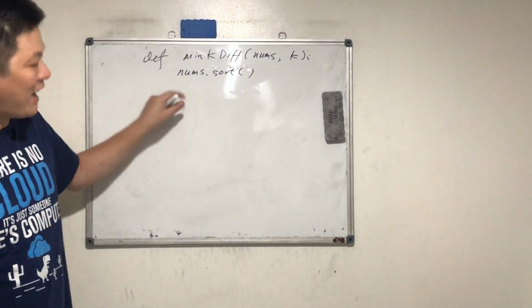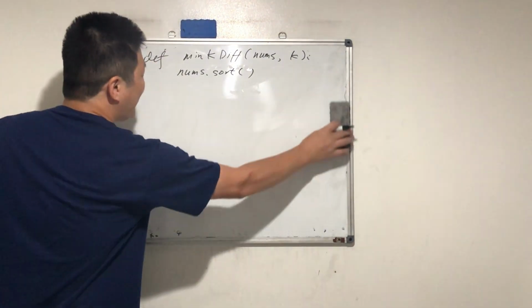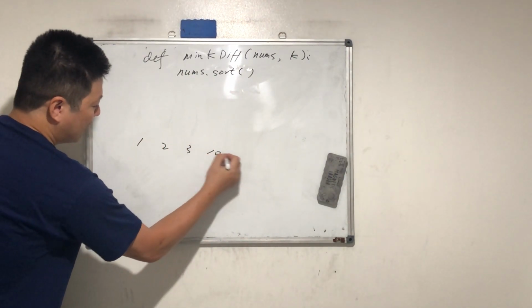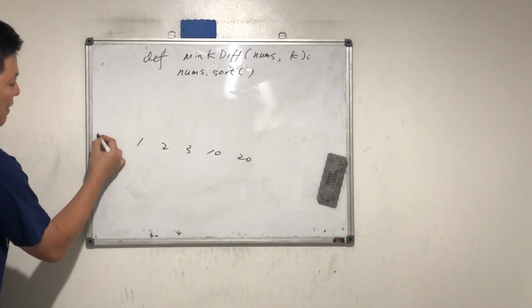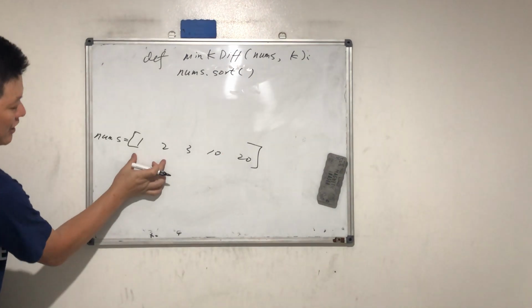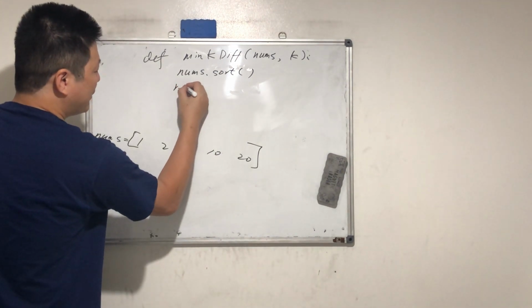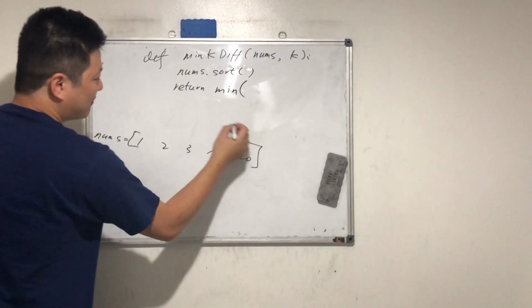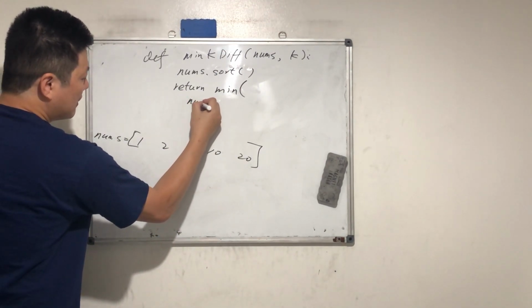This is the function definition, and that's the implementation. After sorting, the numbers are 1, 2, 3, 10, 20. So we return, and this is nums. Now we want to find out the difference for each group. So return the minimum of what?